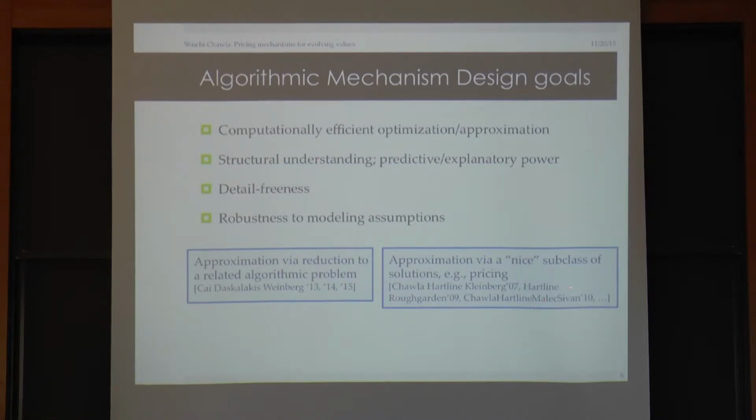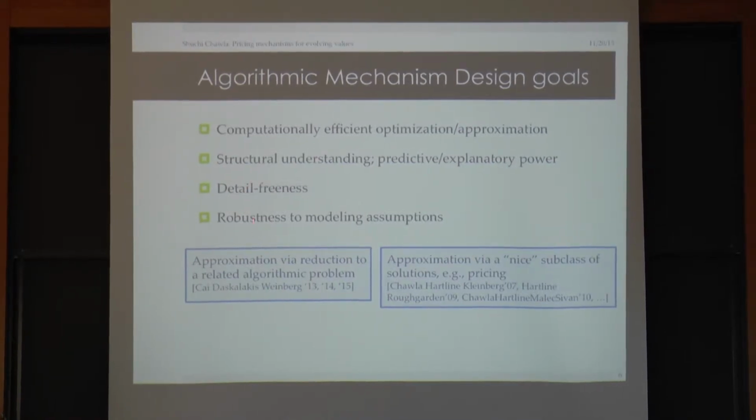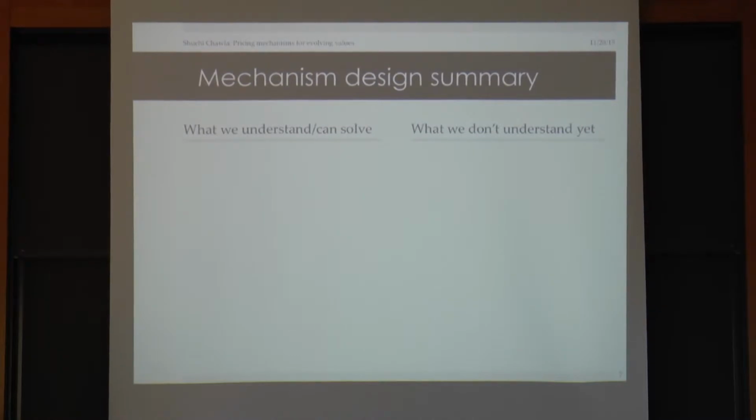So this has some of the other good properties that I listed out, but on the other hand, this is currently not a broad enough framework, so we know positive results within this framework for very, very limited settings.